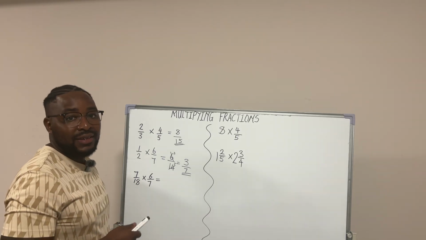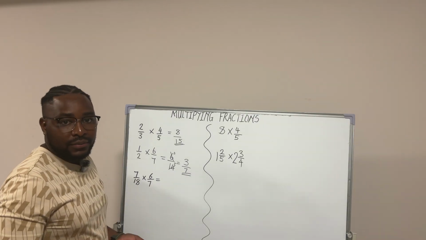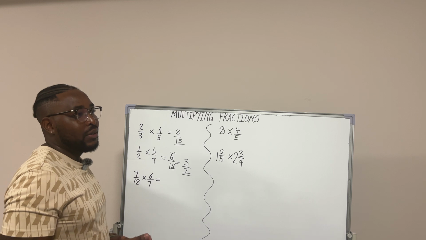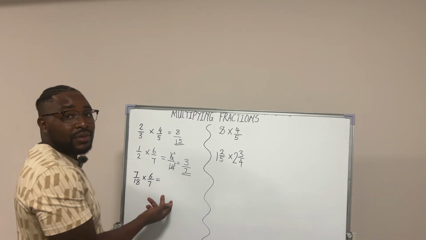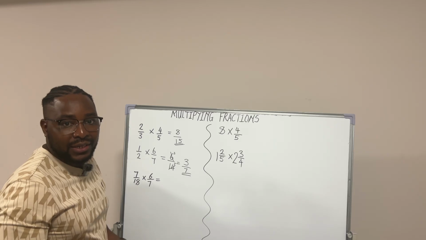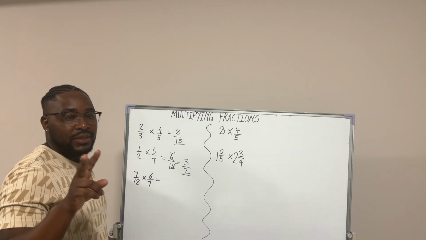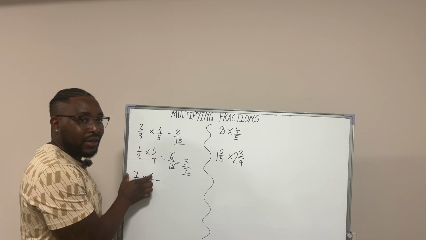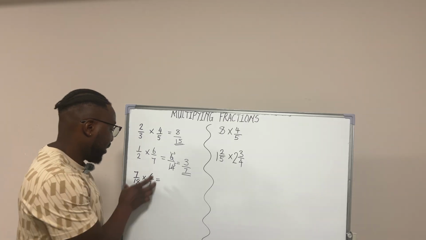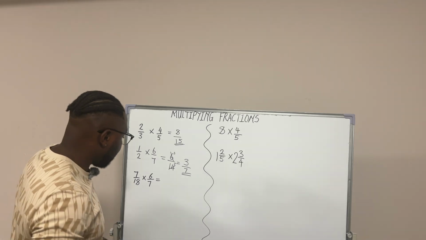The reason is, if you multiply them directly, you might end up with big numbers that you will have to simplify. So I'll do two methods. The first one will be simplifying right here, and the second one will be just multiplying without simplifying.